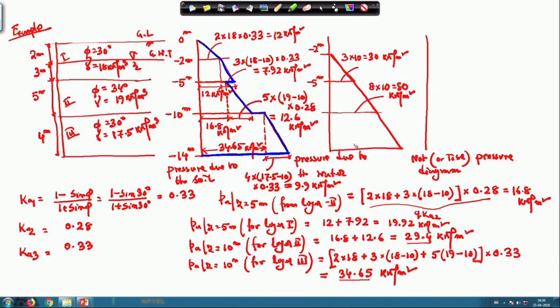So, this value is 100. This is a total of 5 meter plus another 5 meter, because this is minus 10 and this is minus 14. So, the total depth of this one is 12 meter, because this one is 4 meter.